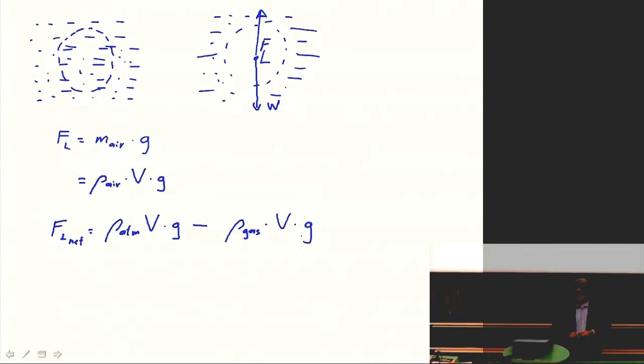So let's first look at helium. So we have the net lift, and we have said the lift is equal to 1 minus rho gas divided by rho atmosphere. Well, we have also made this new gas law.